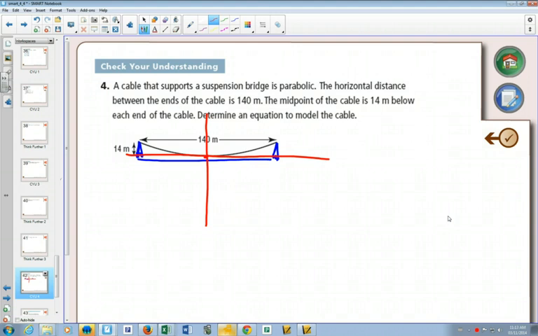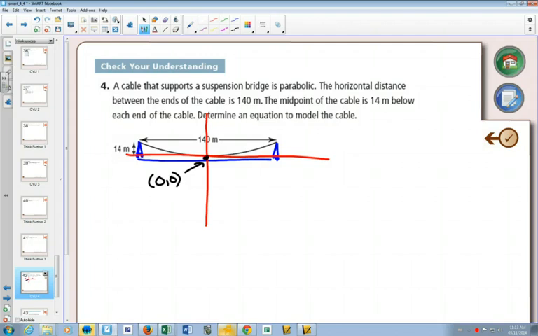There was nothing in this that said the bottom of the bridge was a certain distance above the water, because then I might make the x-axis my water level. But whatever you choose, you need to choose something that makes sense given the situation.